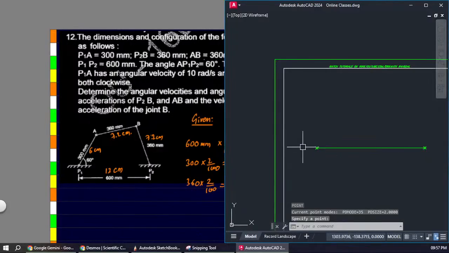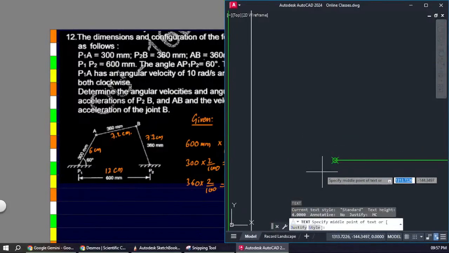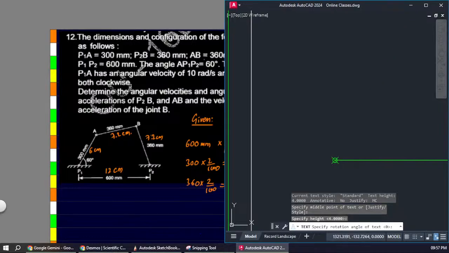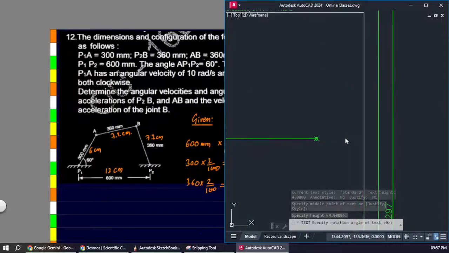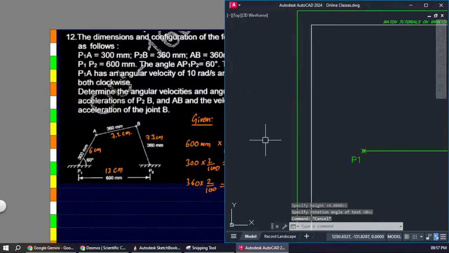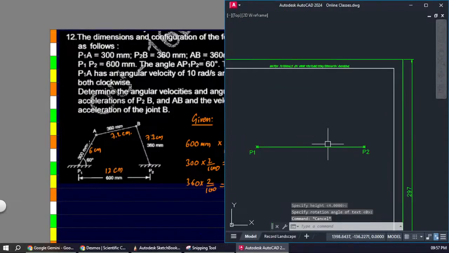So this is the point. Let's quickly go ahead and name the points. This one we will call P1, capital P1. This one we will call P2. Having got P1, P2, next let's go ahead and draw this length P1A.